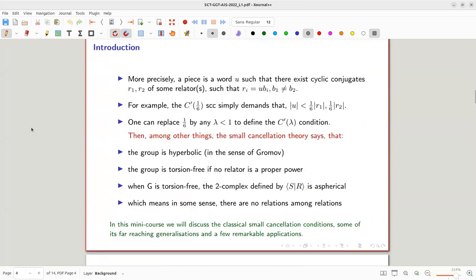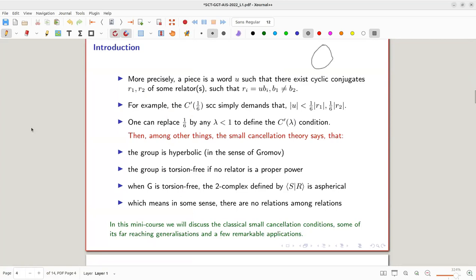So essentially, what we are talking about is those common subwords which we will be calling a piece. They will be subwords which appear in two different ways. What exactly it says is that it is a subword u such that there exist cyclic conjugates of relators. It could be different cyclic conjugates of the same relator.